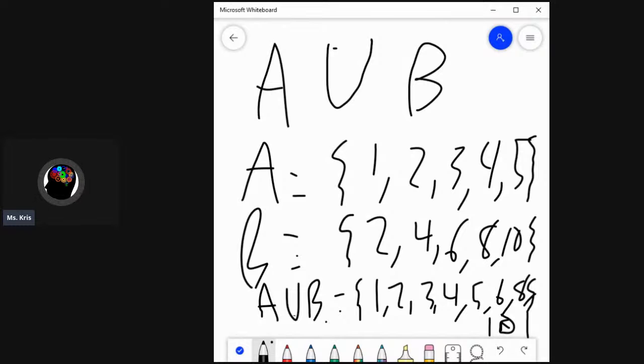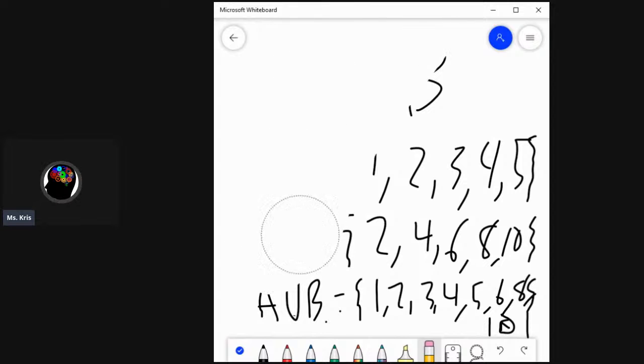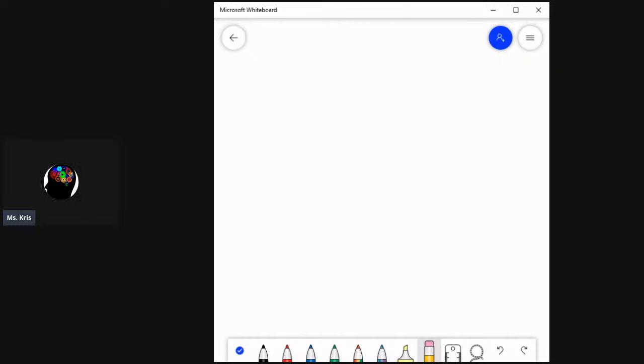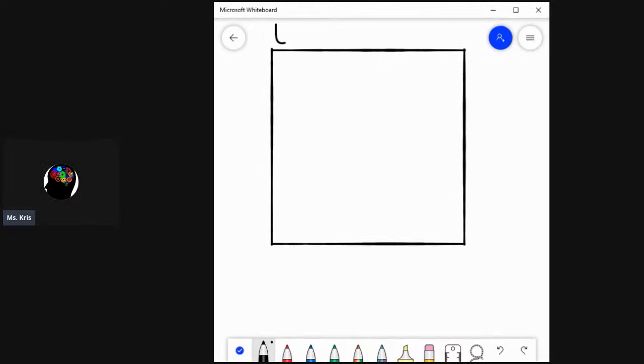Now you're going to see different types of requests of your set, and usually it's based off of the Venn diagram. Also, I need to make a quick correction when it comes to the universe.